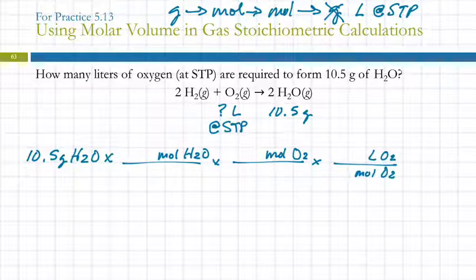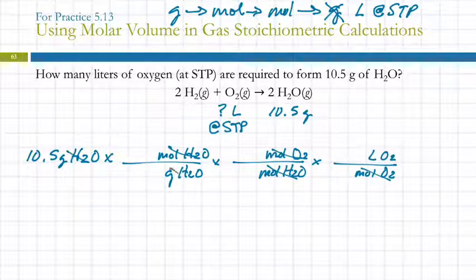And we put the previous unit in the denominator, so those are going to cancel out. So I put all the units in there. The units then tell me where to put the numbers.